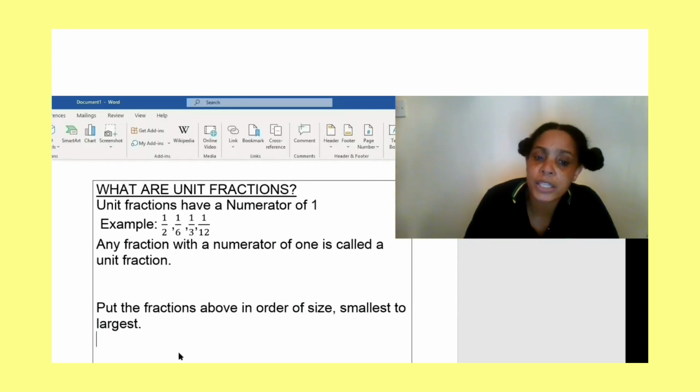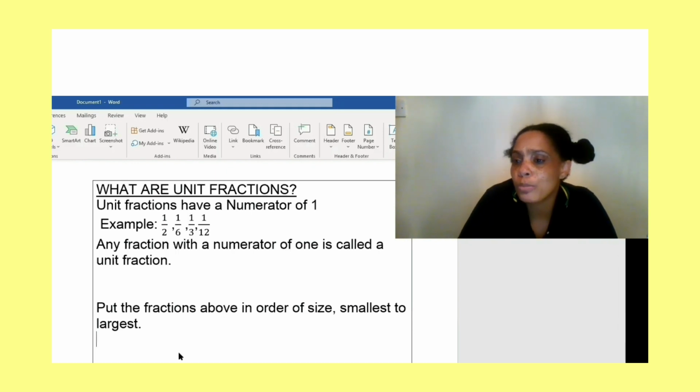Now, if I was going to put these in order of size, smallest to largest, which one would be the smallest piece? So imagine my cousin now comes up and she's like, Grandma, I don't want these buns because they have raisins in it. And she hates raisins. But my grandmother said to her, you need to take a piece of the bun. To please my grandma, which bun do you think she's going to take a piece of?